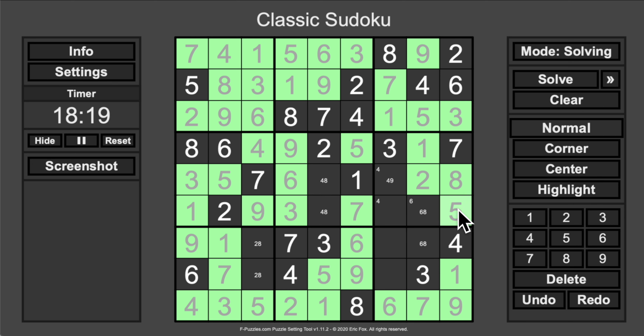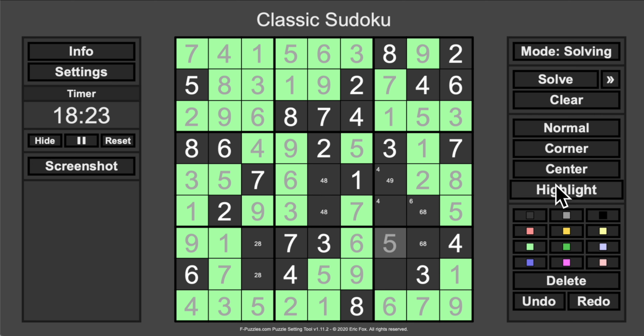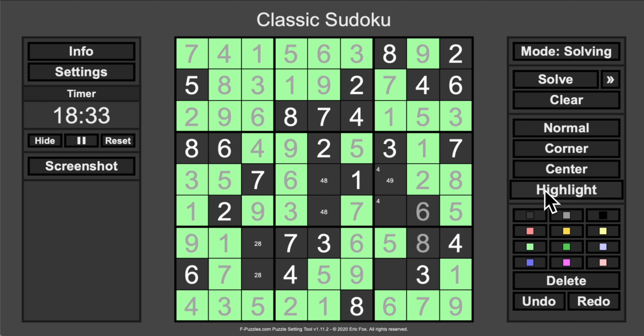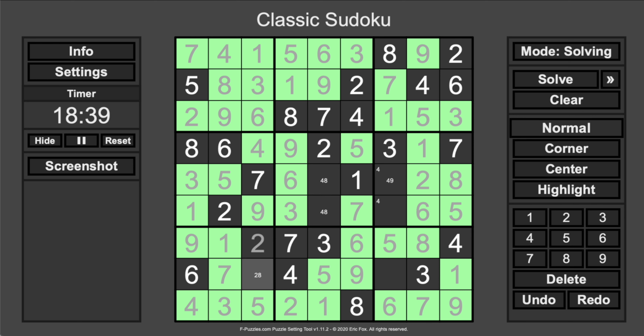Yeah, this 5 and this 5 and that 5 and that 5 will force that to be a 5. 6, so 8, 6. That piggybacks over here. 2, 8.